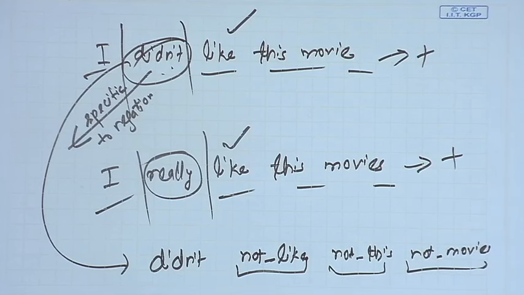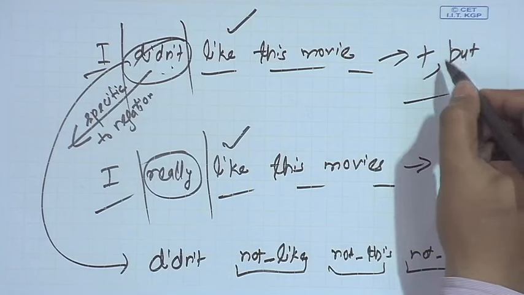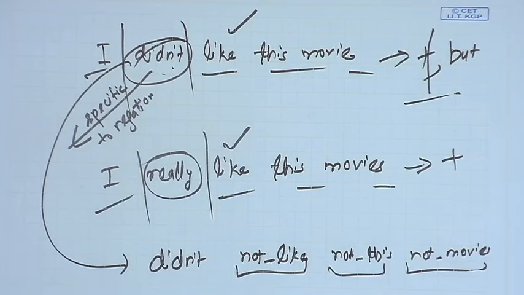So you append not to all the words that are following it, and you do that until there is a punctuation. Okay, so it can happen that after punctuation I am starting something new, but you do not want to carry forward this negation to after punctuation, so you want to stop it here at punctuation. So this is one way you can handle this.